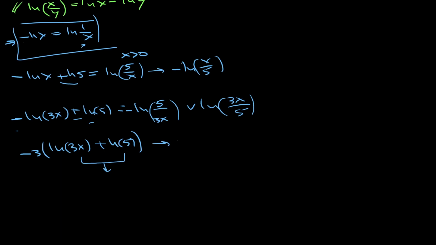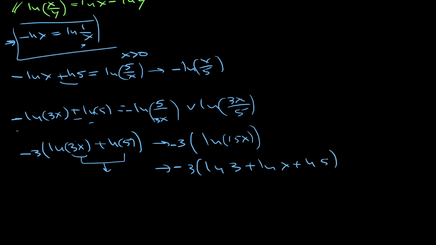So this is the same thing as saying minus 3 ln of 5 times 3x, which is 15x. Or you can even separate this into other ones and say that this is the same thing as saying minus 3 times ln of 3 plus ln of x plus ln of 5. Both solutions are correct, either this one or this one.